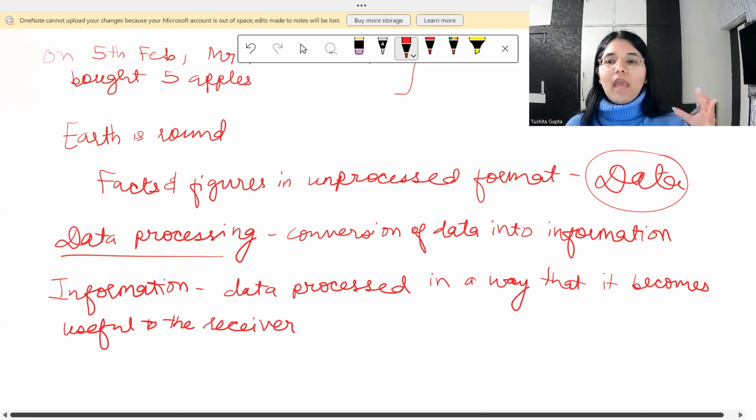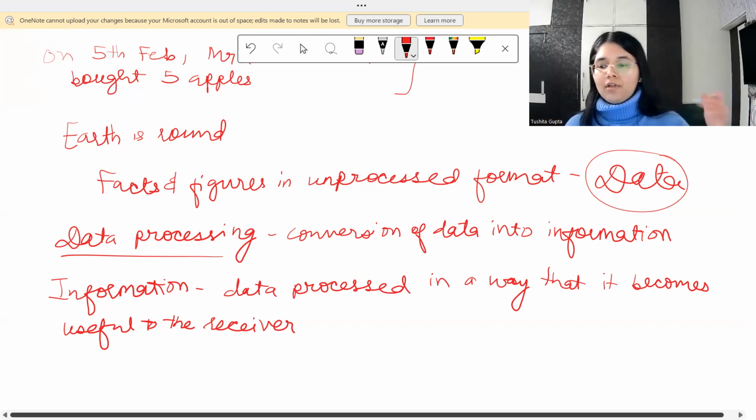So this is how we have processed raw, bare facts and figures into information, which will ultimately help the receiver. If the information that I'm getting is about the different amounts of apples that are demanded by people in different continents, maybe I'll be able to narrow my market down and find out where I can make the maximum revenue. So it becomes useful for me.